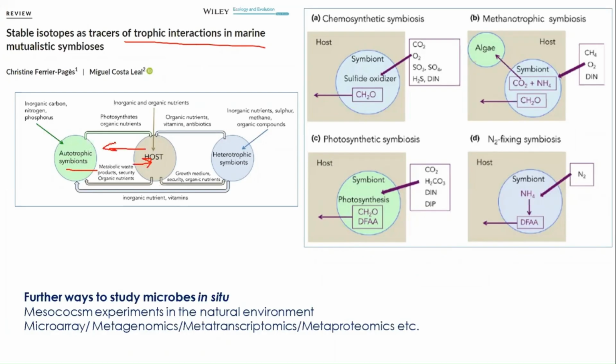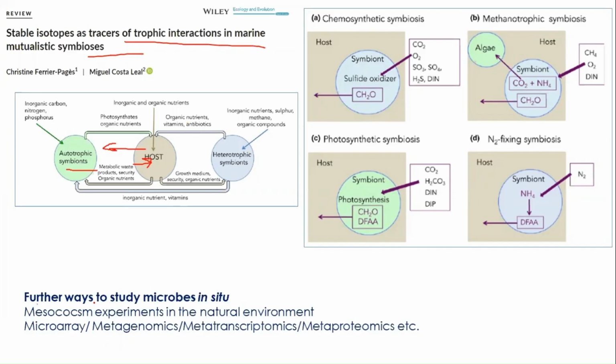So in that way, you can also find out stable isotope tracers of trophic interactions in marine mutualistic studies. This is a very recent study, I guess, published in 2020. So if you are interested, you can have a look.